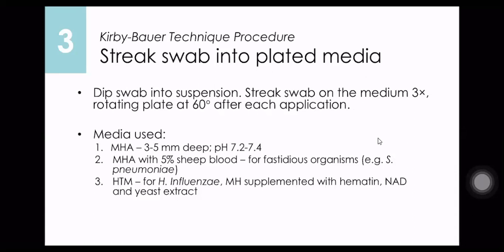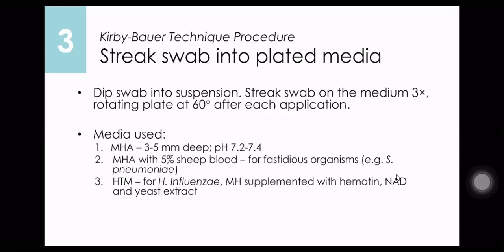If the specimen is negative on the catalase test, this has a tendency to be Streptococcus. And then after that, we should plate it on MH agar with 5% sheep blood.